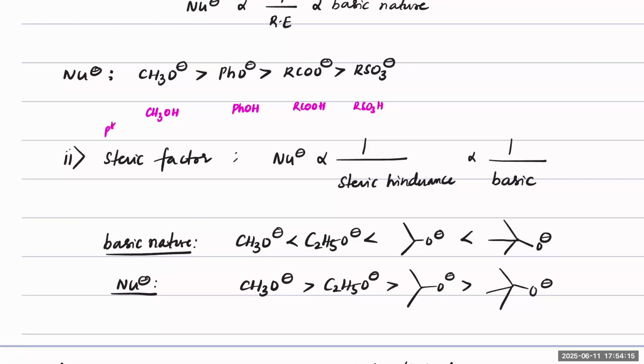Now, if you compare the respective pKa value, this is around 15.5, this is 10, this is around 4, and this is -5, which showcases that RSO3H is a very strong acid leading to a very weak base, while this is a very weak acid leading to a very strong base. So if you are comparing different functional groups, then you can directly say that nucleophilicity will be directly proportional to the basic strength. Basic strength, okay? So more the basic strength means more is the nucleophilicity.